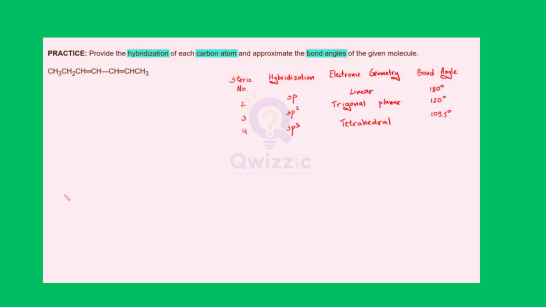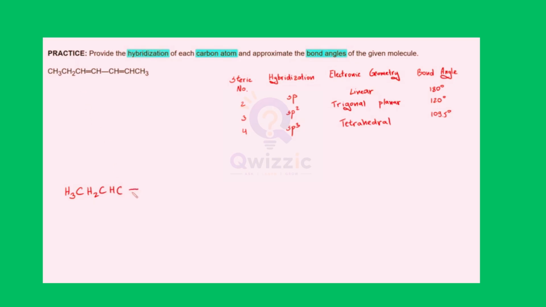First of all, we have our CH3, which is a methyl group, so we're going to say H3C to show the correct connectivity of the carbon atoms. Then we have CH2, so we're going to say H2C. Then we have our CH, so we're going to say HC.